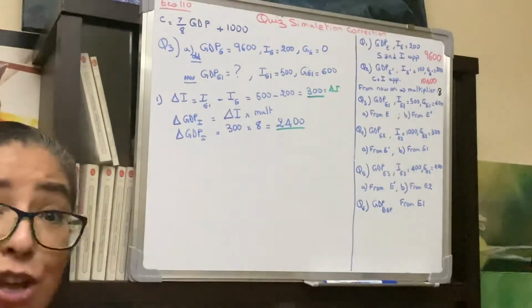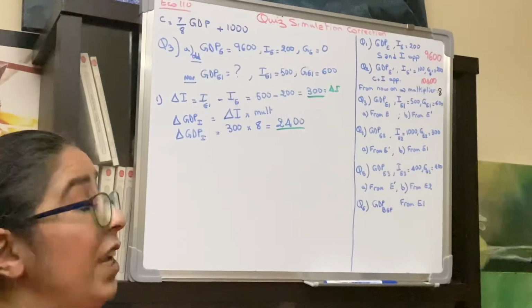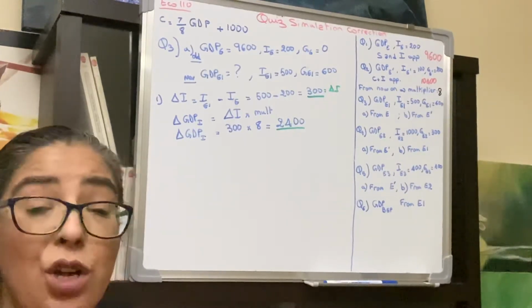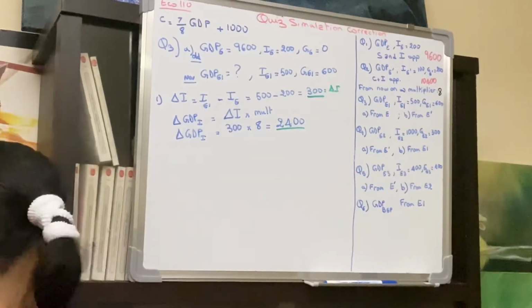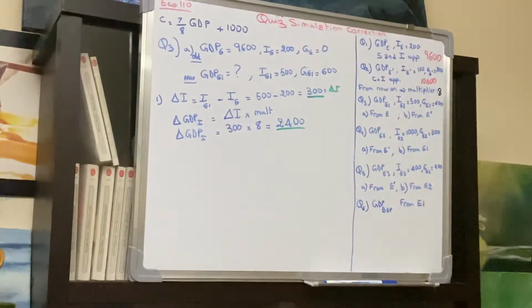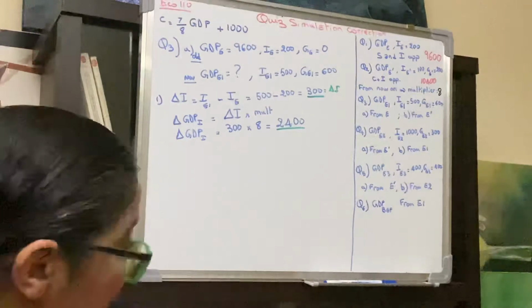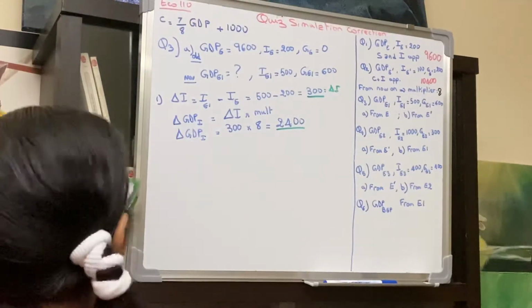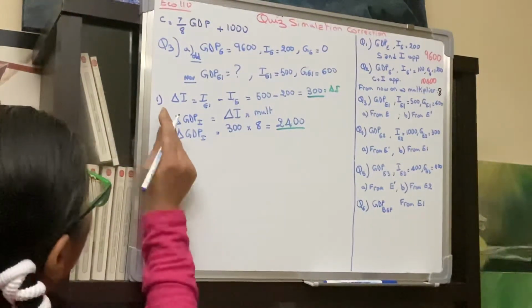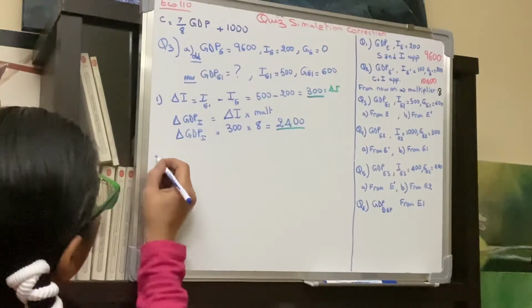Now I'm going to look for the change in GDP due to the government. Let's do it. So delta GDP due to the government, where is the pen? It's in here. That was little 1. I'm going to put little 2.